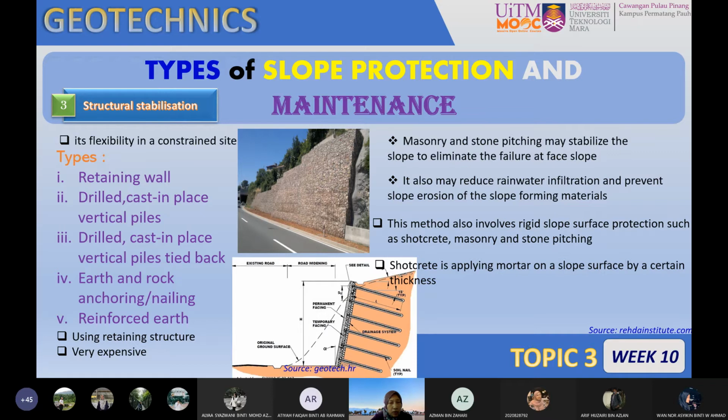So to start the project, we have to excavate a few meters below the ground surface, and then to retain the slope after the excavation, we need to use structural walls. Here we can use drilled cast-in-place vertical piles, or earth and rock anchoring and nailing, then retaining walls, and lastly reinforced earth.